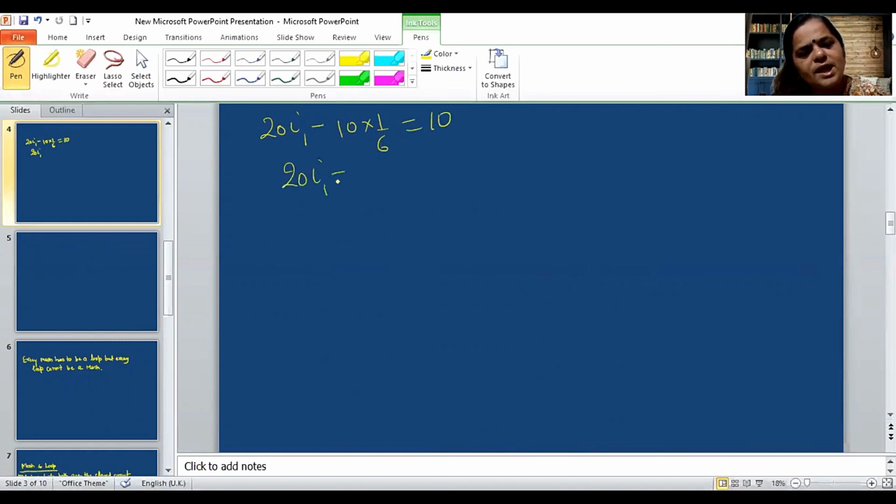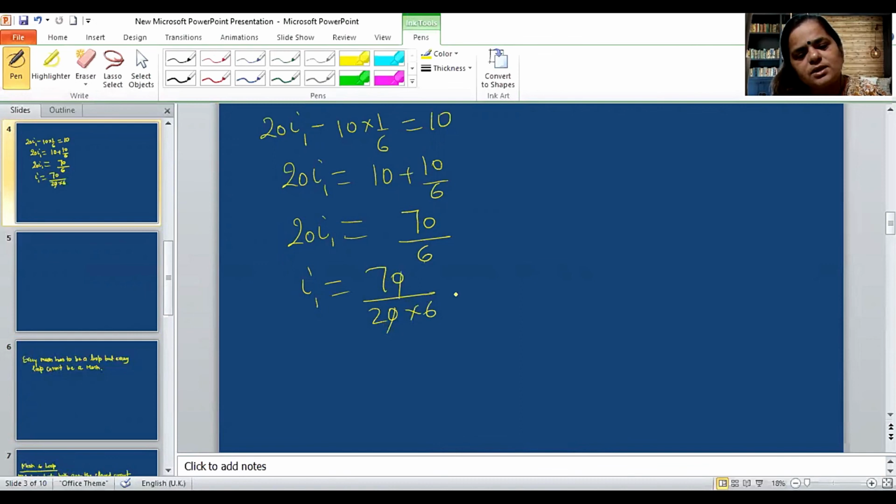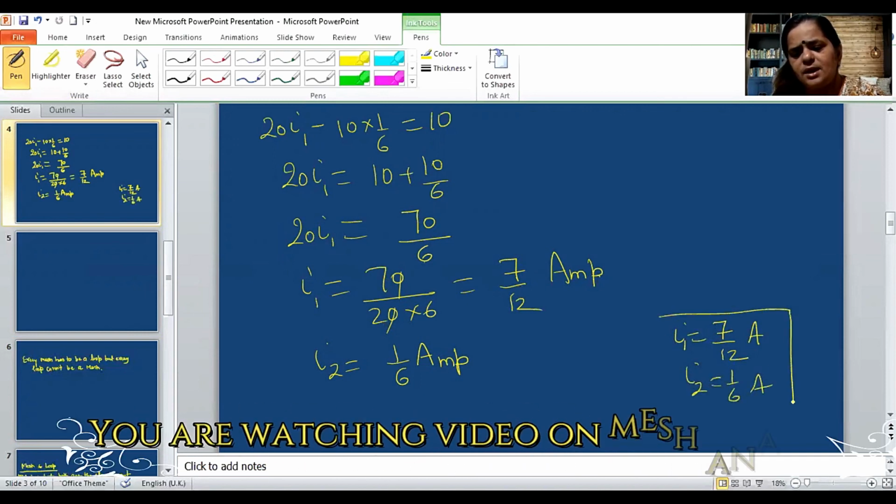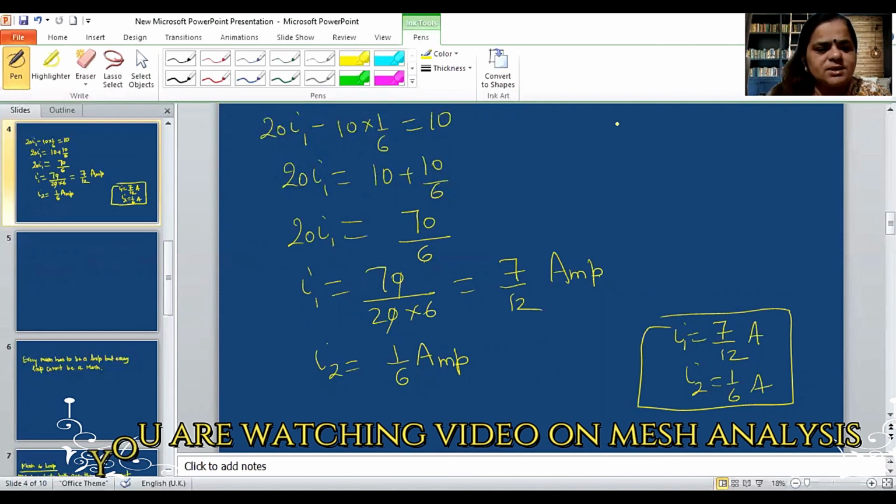Now from here 20 I1 is equal to 10 plus 10 by 6. So 70 by 6 is 20 I1. So the value of I1 is 70 by (20 into 6). So what I am going to get is 7 by 12. So I1 is 7 by 12 ampere and I2 is 1 by 6 ampere. This is the answer. Now I'm stopping sharing my screen.